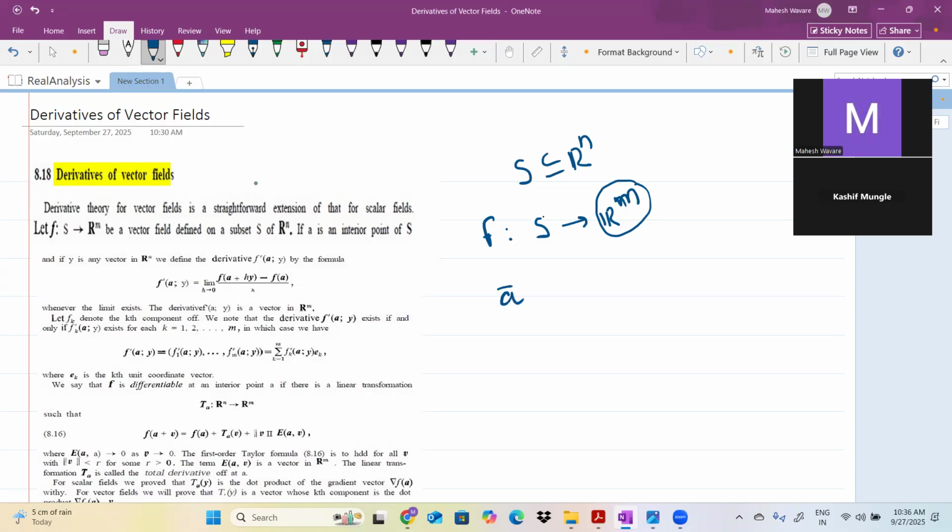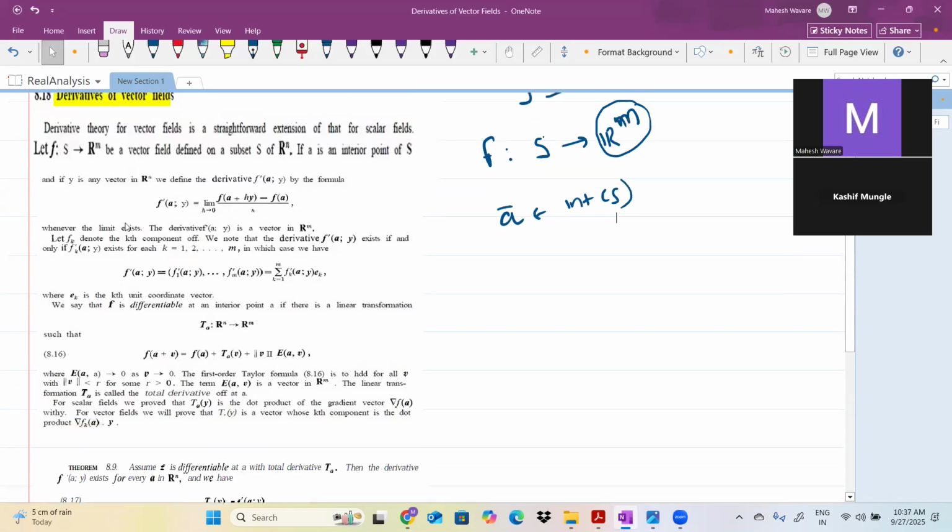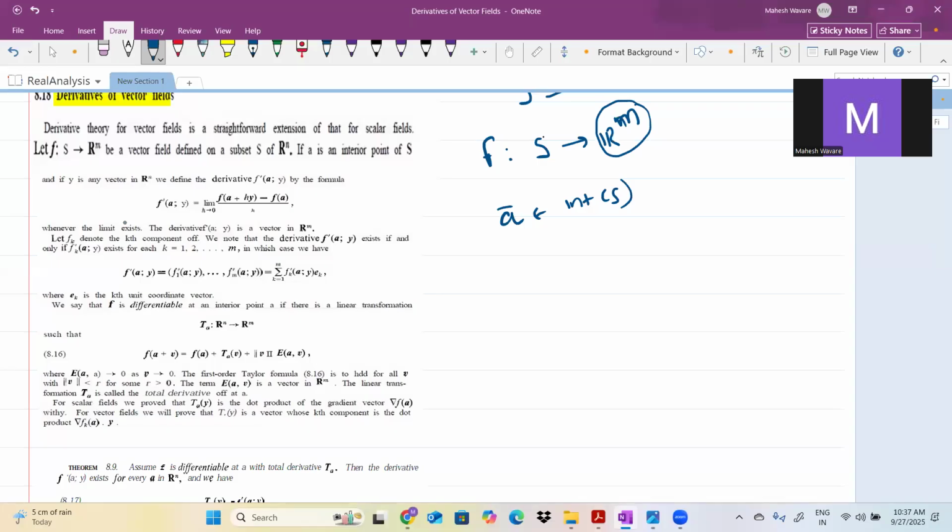Now suppose a bar is an interior point of this set S. Then, as for the scalar field, we will define the derivative of f at the point a bar in the direction of y bar.